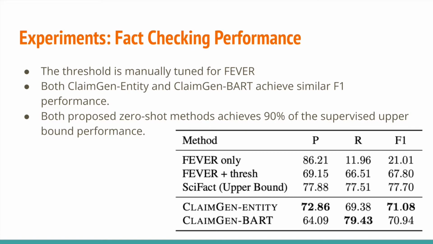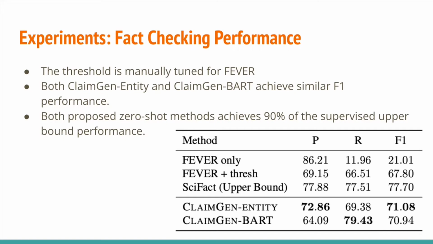So next, here's the performance of their fact checking. Let me go over one by one. The first line is FEVER only, so it's the general domain dataset only. They found the model trained on FEVER has a very imbalanced precision and recall.